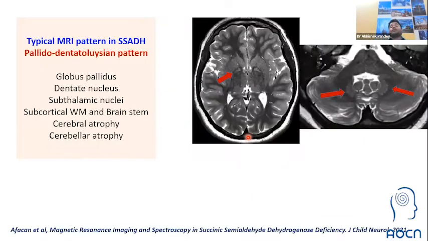The typical MRI pattern as described in the literature is the pallido-dentato-olivary pattern. That is, there will be involvement of the globus pallidus and dentate nucleus, along with some subthalamic nuclei, subcortical white matter, and brainstem. As we have already discussed, in juvenile SSADH there might be cerebral atrophy or cerebellar atrophy.